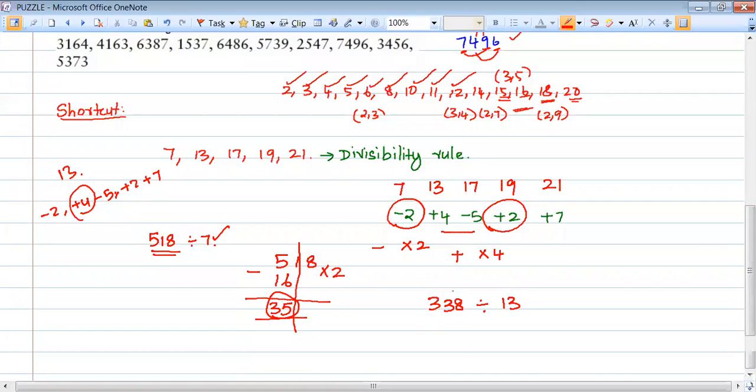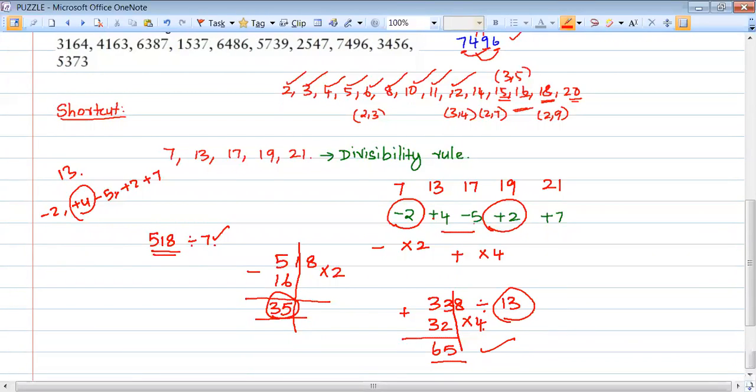Then take the last number. Multiply with 4. Okay. So what is 8 4s are? 32. Write 32. So what is the symbol before that? Addition or plus? Addition. Add up. So this is 5. This is 65. 65 will divisible by 13 or not? Yes. Then the entire number will divisible by 13.